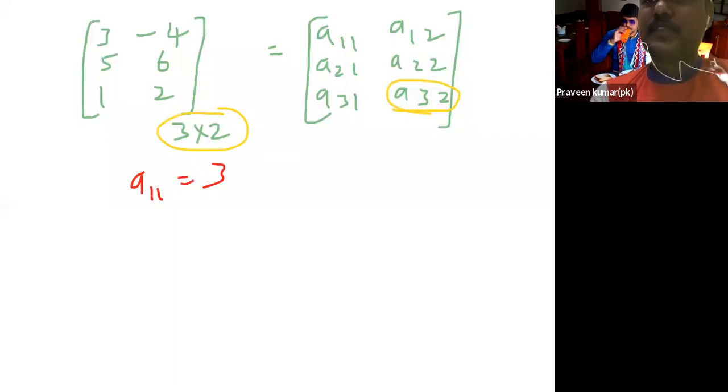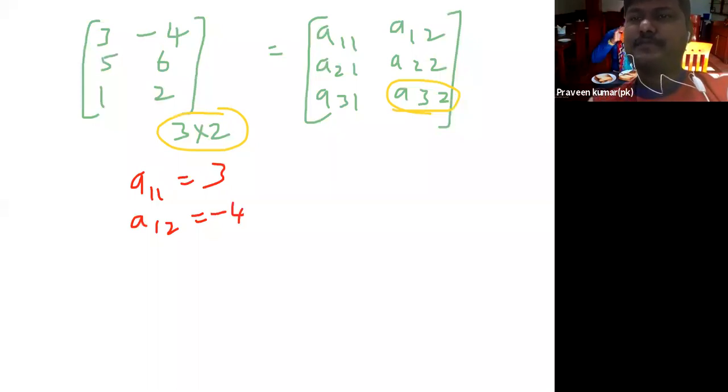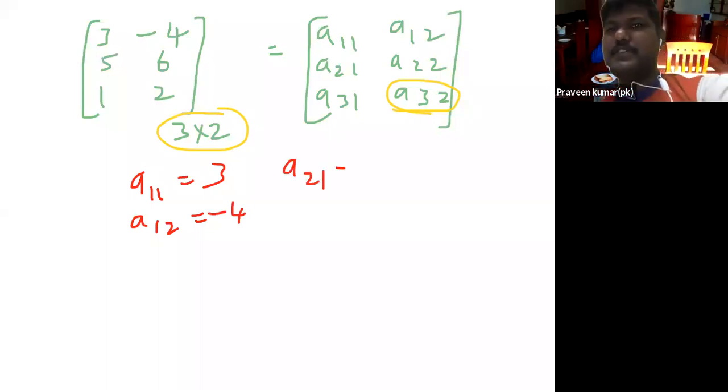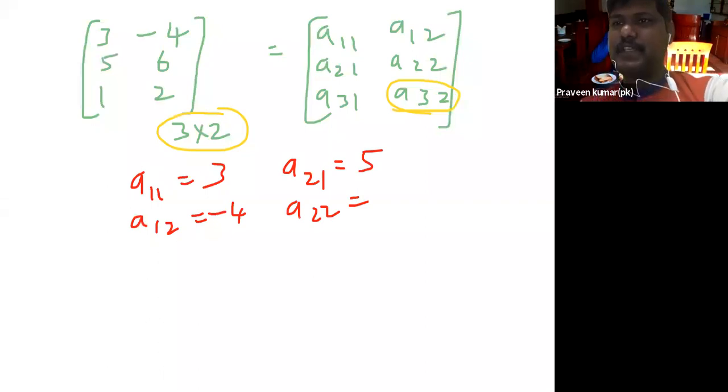Now you can say, my dear students, what is A11 value? Good. A12 value? -4. Correct. A21 value? 5. A22 value? 6. A31 value? 1.